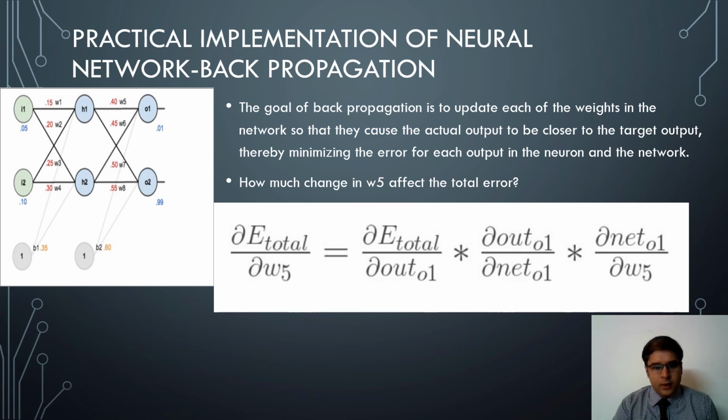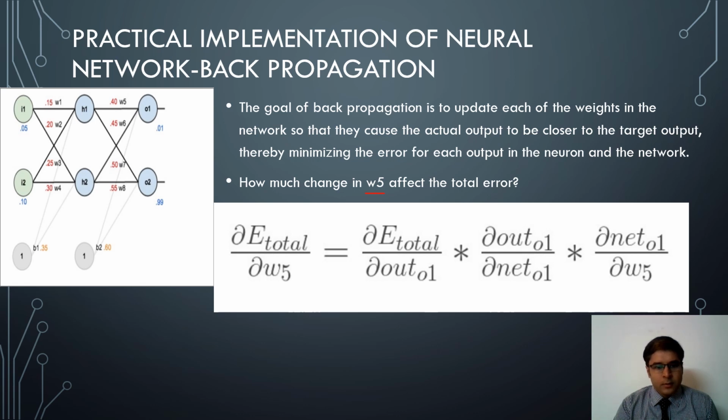So how much change in W5 affects the total error? That is the question. That is, given the weight W5, how much change in that weight affects the total error.